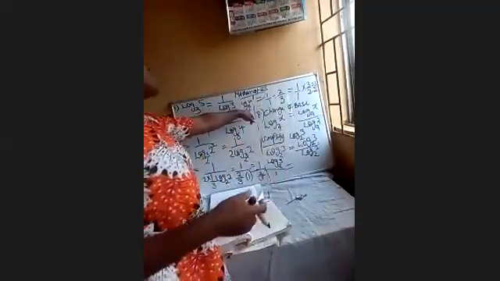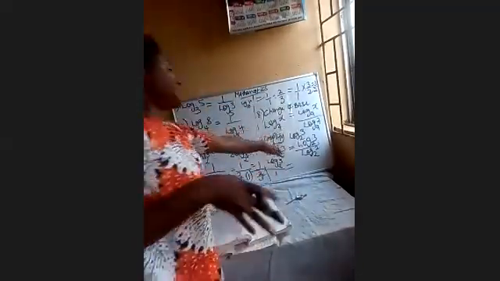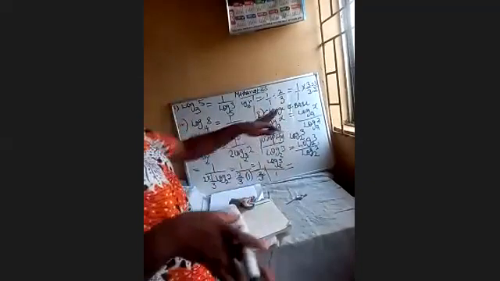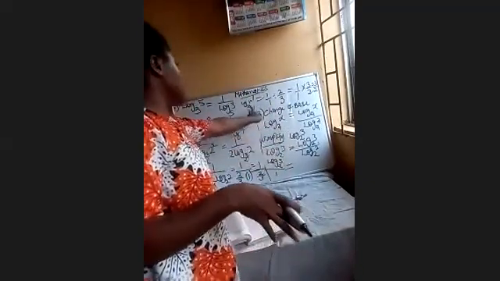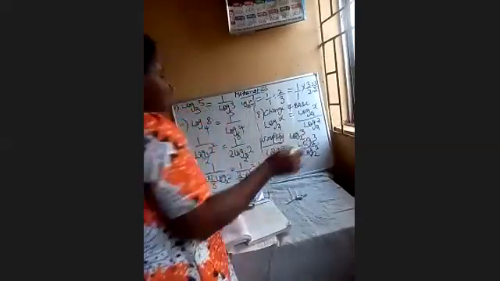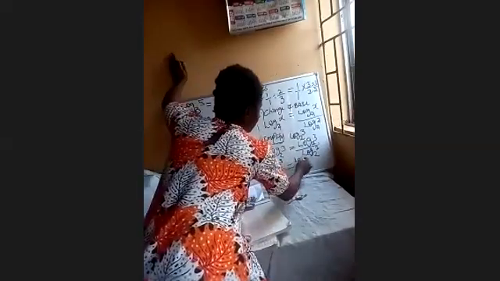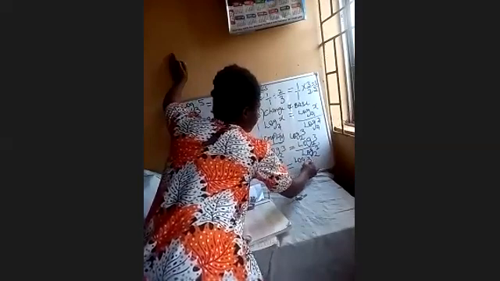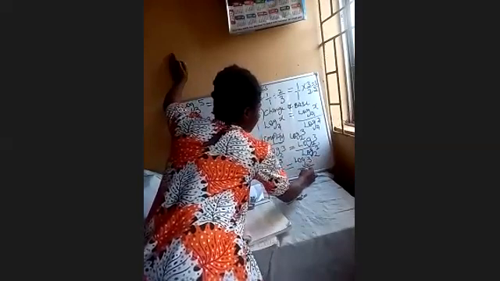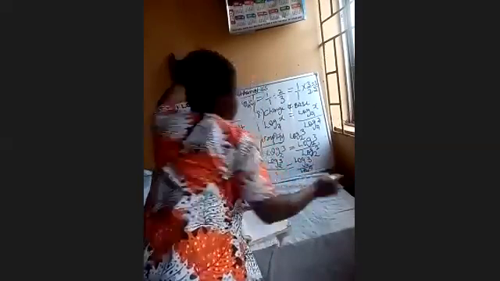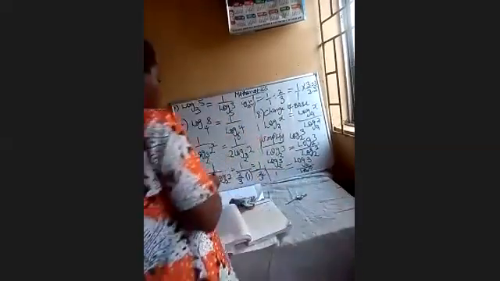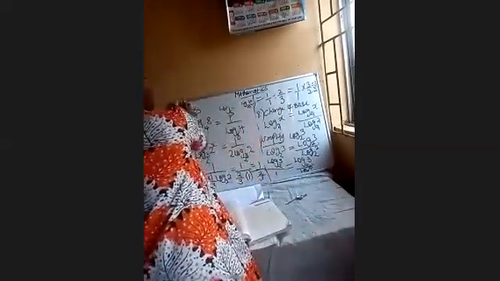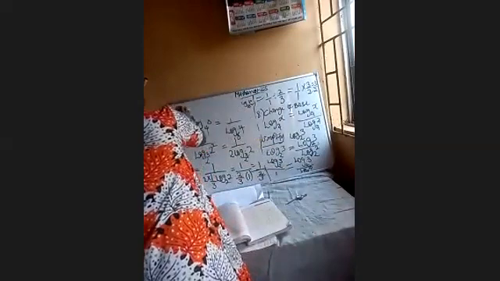Now, why I'm saying this is because we said we want to transform this to common logarithm in order to solve this. The logarithm of 10 to the base of 10 is the same thing as 1. So let's say we have logarithm of 3 to the base of 2 over logarithm of 10 to the base of 10. This isn't where we are going. I'm just trying to explain.